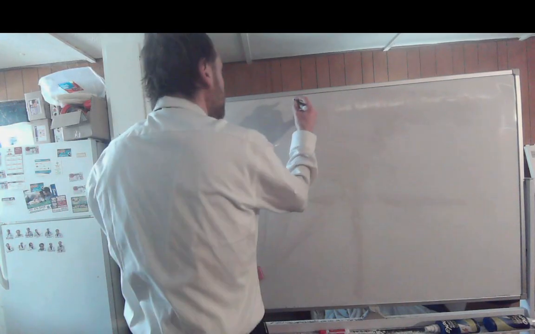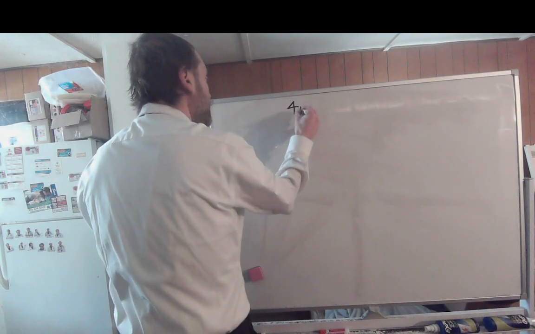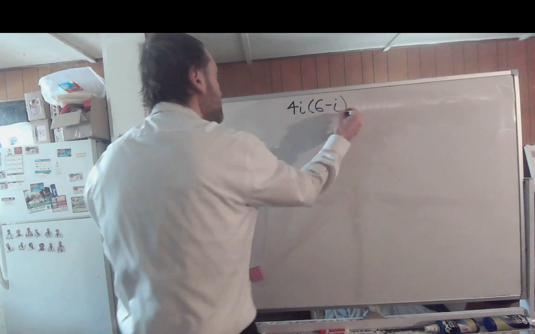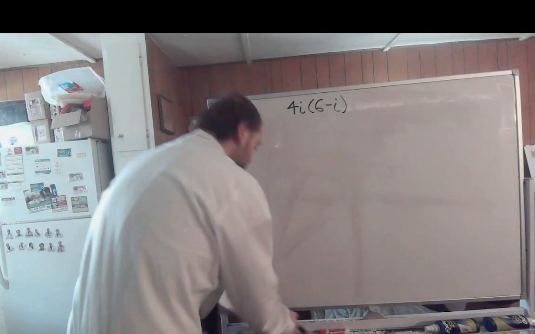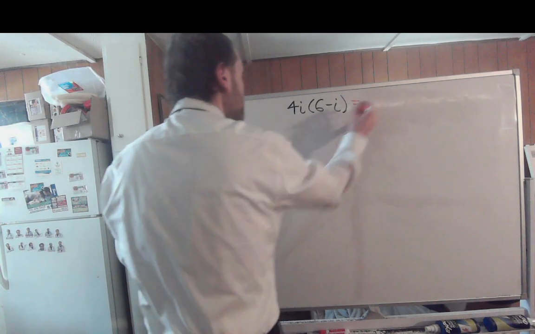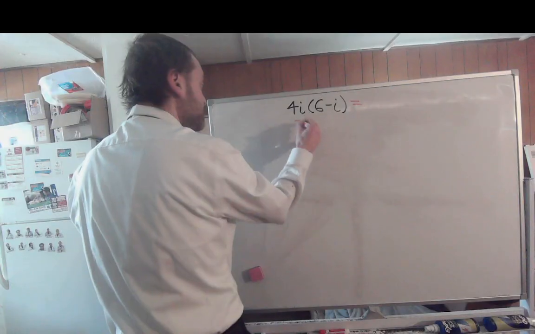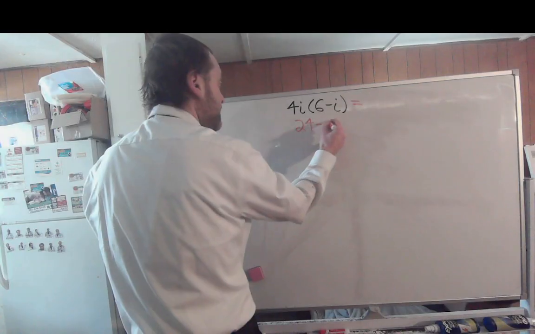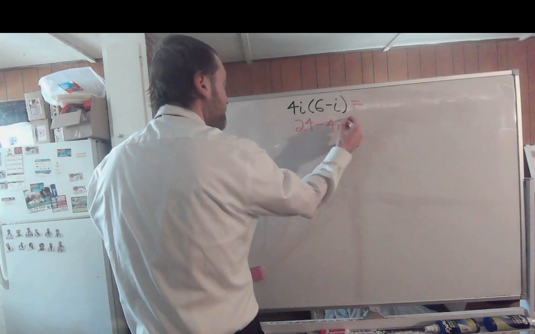What if we had 4i times the quantity of 6 minus i? Well, let's go ahead and distribute. So 4i times 6 is 24i. Then 4i times -i, that'd be minus 4i squared.